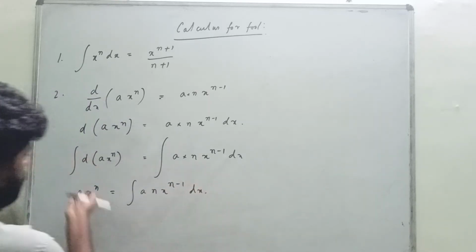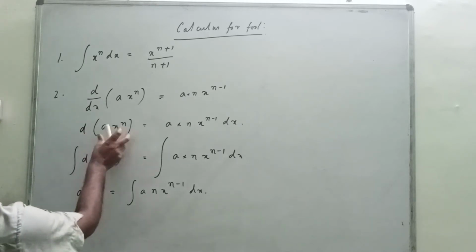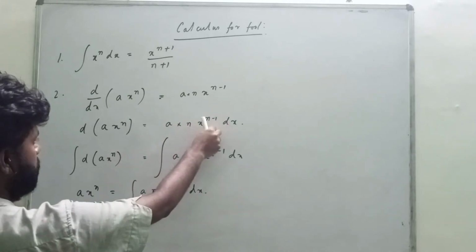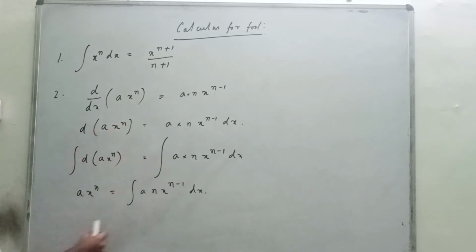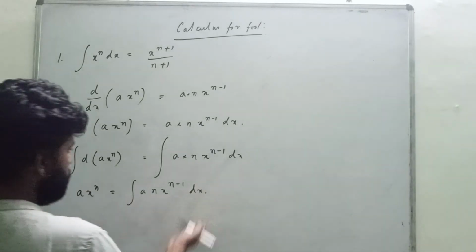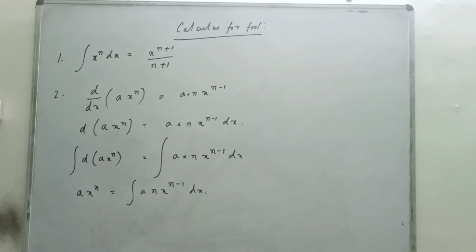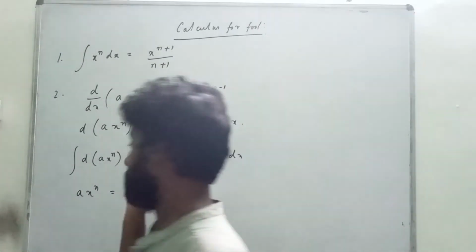Just in reverse. d operates on this thing and we get this thing, and if the integral operates on this thing, we are back to a x power n. So now I will introduce from that equation the second new formula of the integrals.